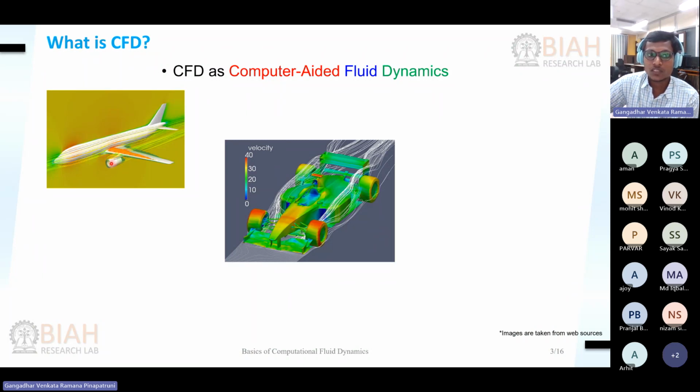What are these jet engines? Sayak Sardar, you know what a jet engine is? Okay, Parvar, you know, right? How many of you don't know what a jet engine is? How many of you don't know what a jet engine is? Okay.